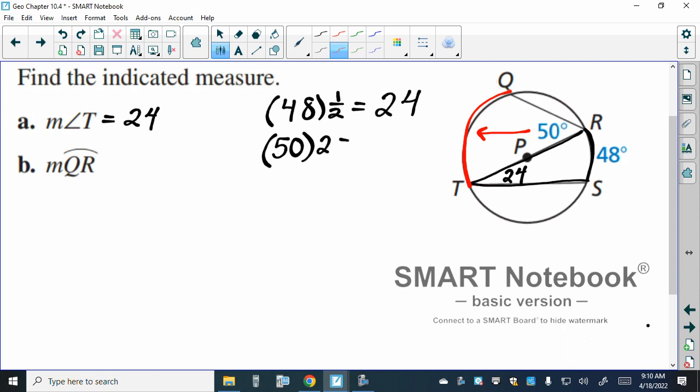Times it by 2. And 50 times 2 is? So the measure of arc QR is 100 degrees. And that's it. Questions on either one of these here?